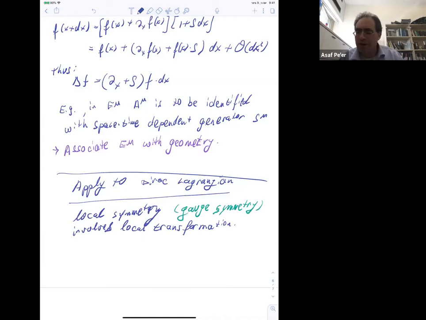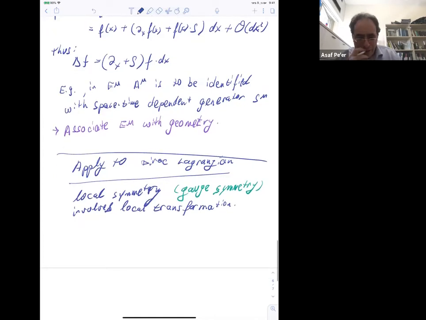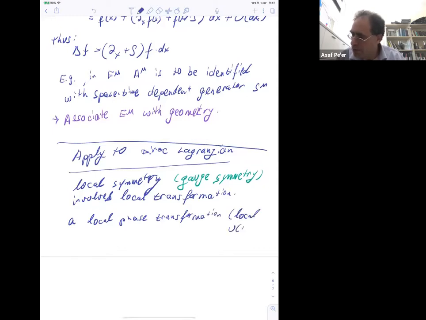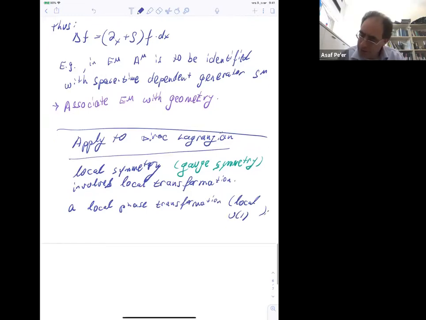So we had the global U1 transformation, so now we have a local U1 transformation, so a local phase transformation. Psi of x, just as we did, goes to psi prime of x, which is e^{iQχ}, but now chi is a function of x, times psi of x.